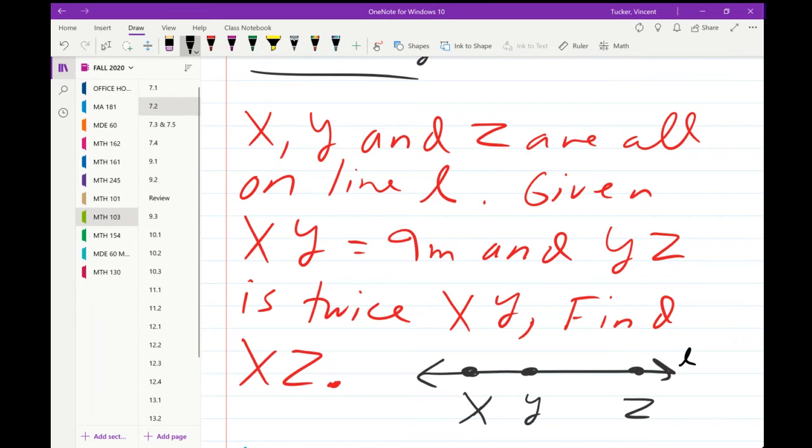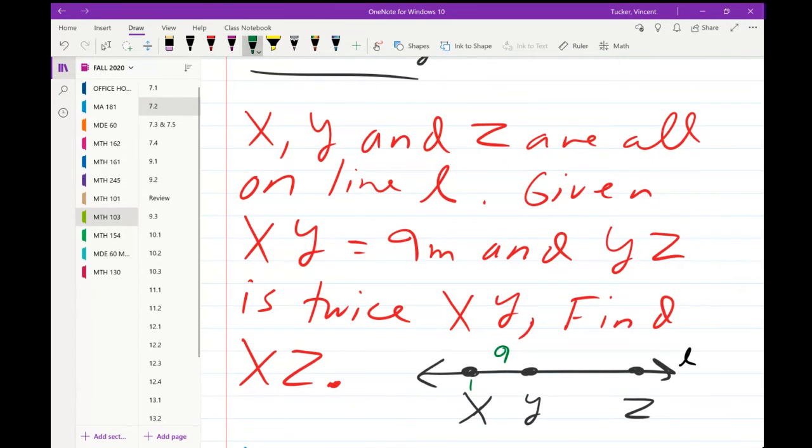You have line L, and X, Y, and Z are on that line. XY is equal to 9, and then YZ is twice XY. Find XZ.